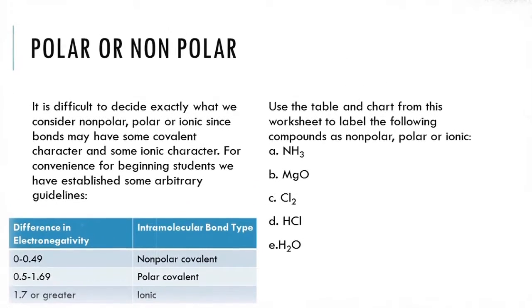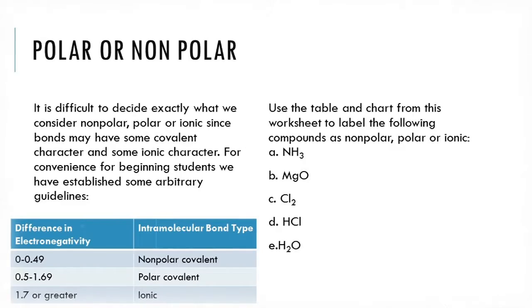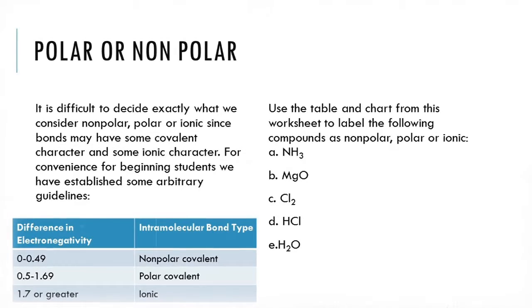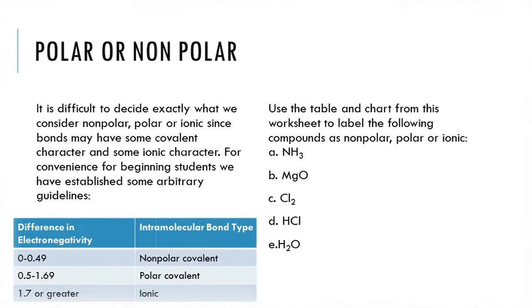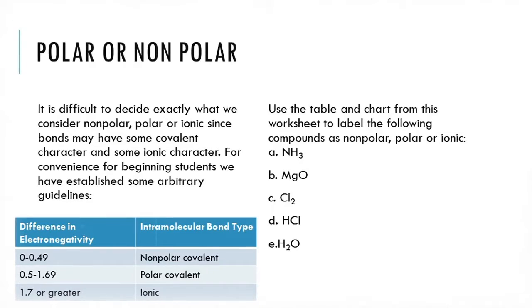Sometimes it's difficult to decide exactly what we consider nonpolar, polar, or ionic, since bonds may have some covalent character and some ionic character. For convenience, for beginning students, we have established some arbitrary guidelines.